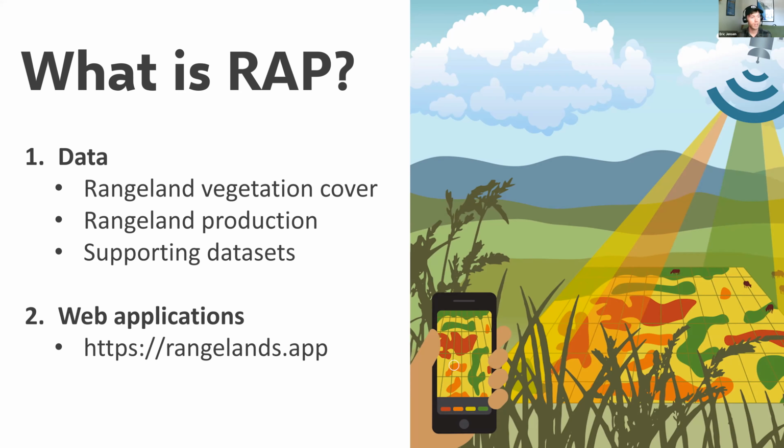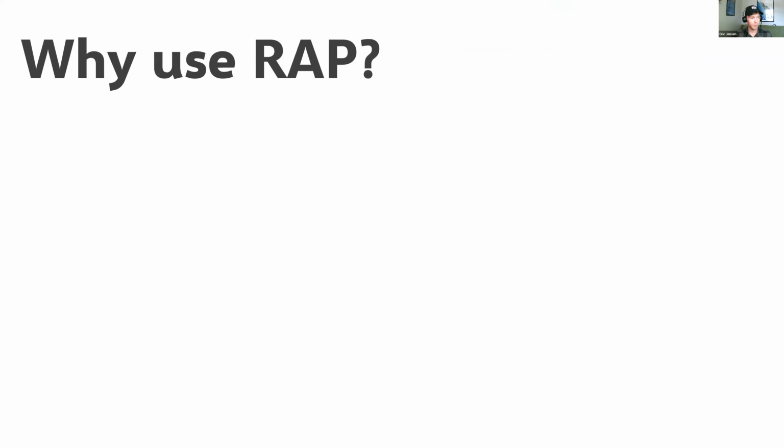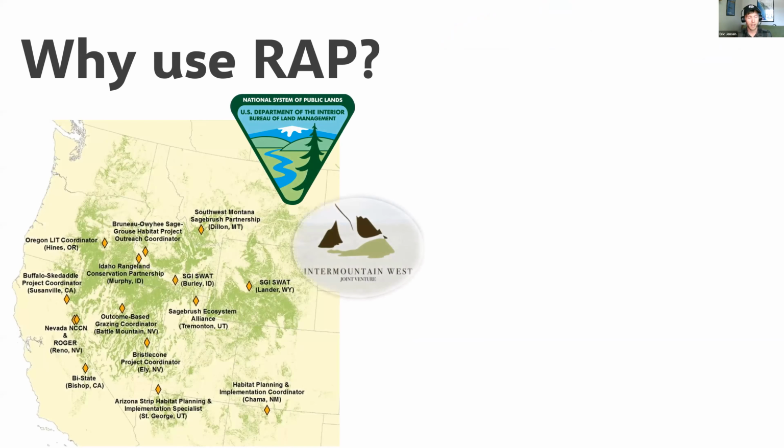And so why would folks like you want to use RAP? Well, you work at a huge spatial extent across the Intermountain West. This is a very large and diverse region. And having some information about the types of vegetation across that region is really valuable. And yet there aren't a lot of great ways to do that.